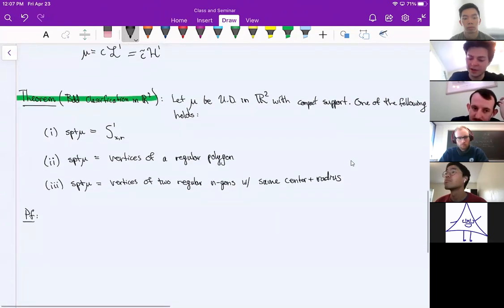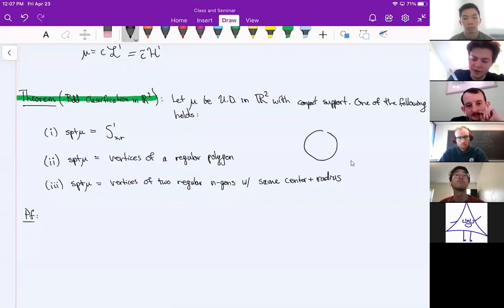The second case is that I have the circle, and I take a regular polygon on the circle and put point masses at each of the vertices.